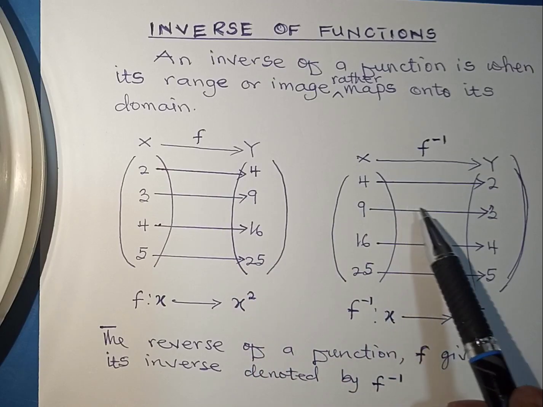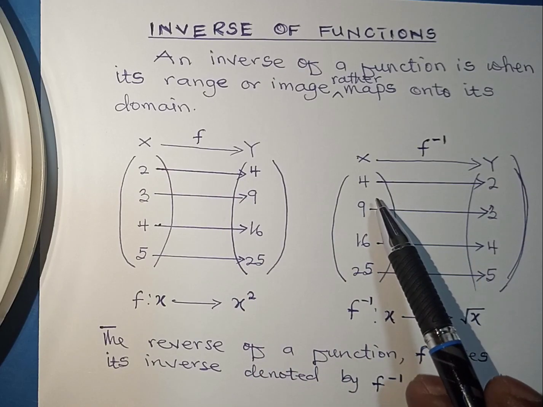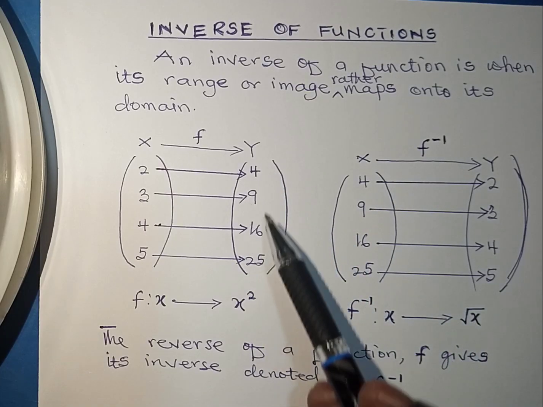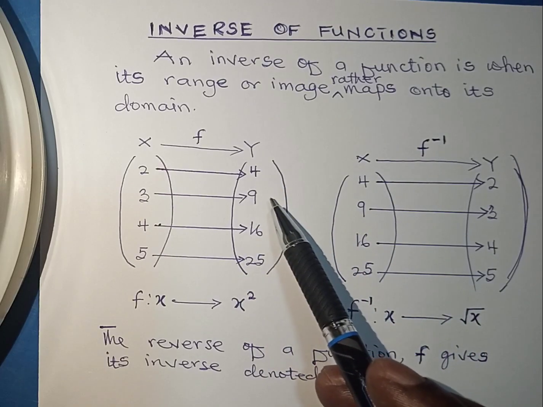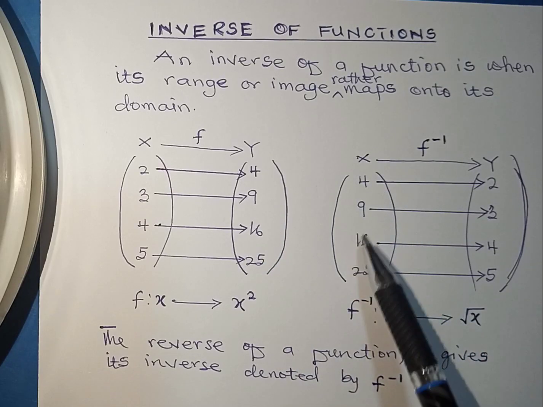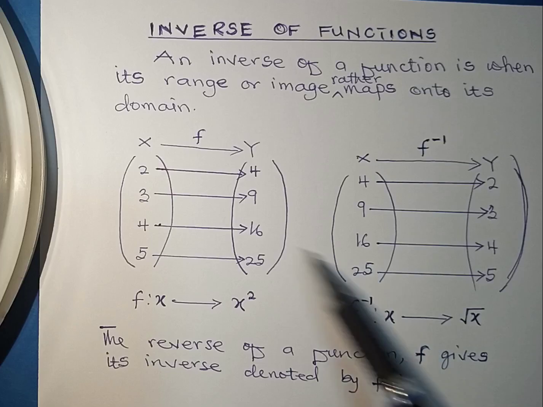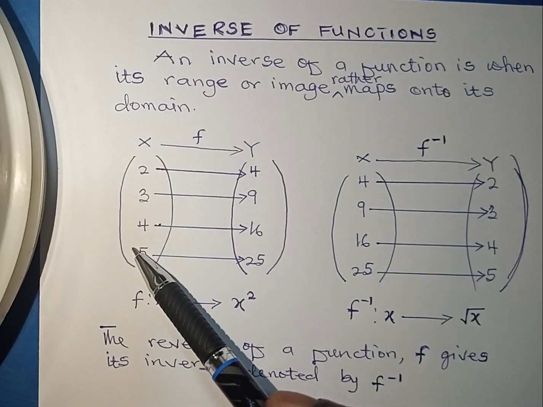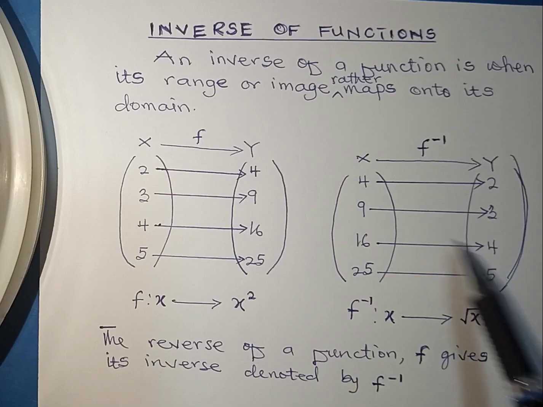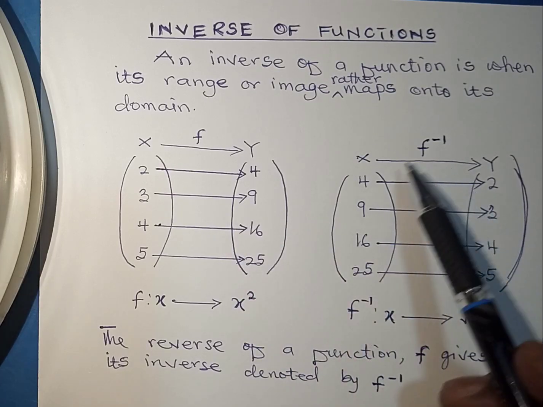Now let's look at the second one. You realize that this time all the values you saw as the codomain, or the range or the image, start first, and those that began before now end last. So it means that we have done a reverse.